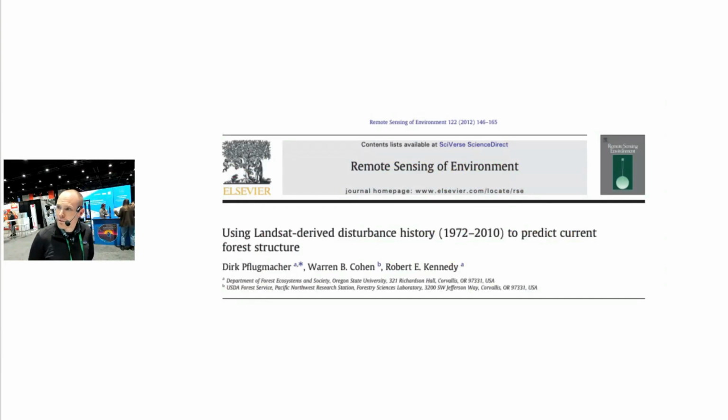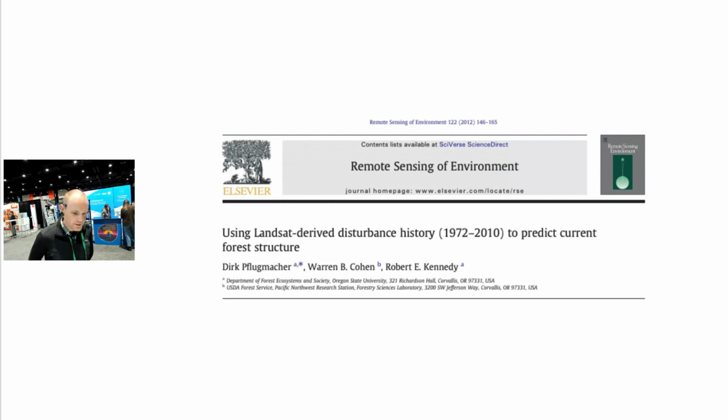Before I came to Google, I was working at Oregon State University for a research lab interested in doing forest change detection and modeling forest structure and things like that. And when you look at a time series of Landsat, depending on the forest type, after 15 or 20 years, the satellite signal is saturated after a clear cut, after a disturbance. So you really don't have a lot more information after 20 years of growth.